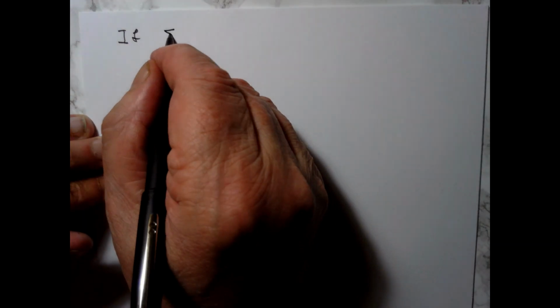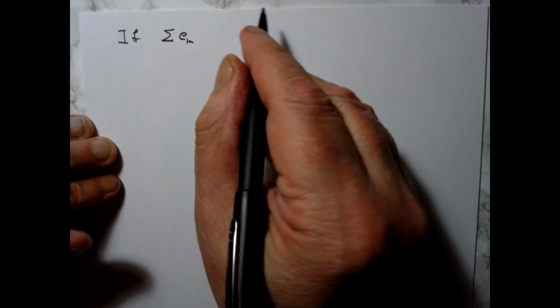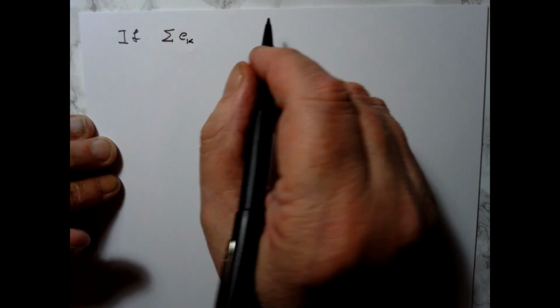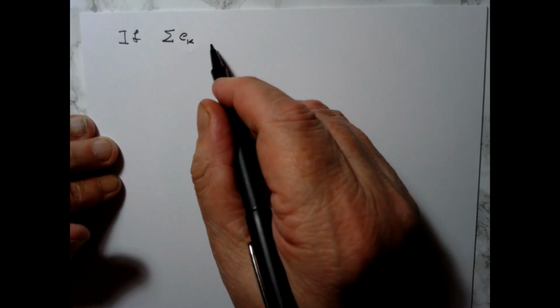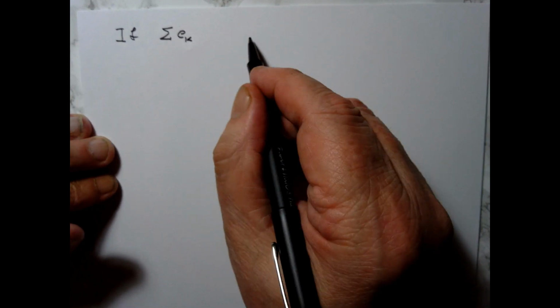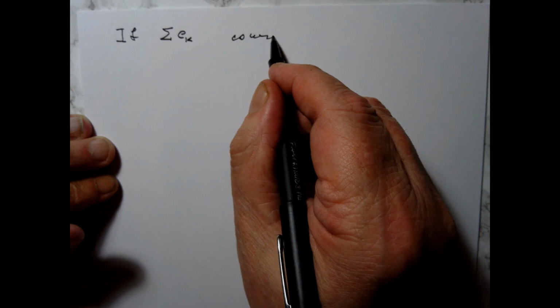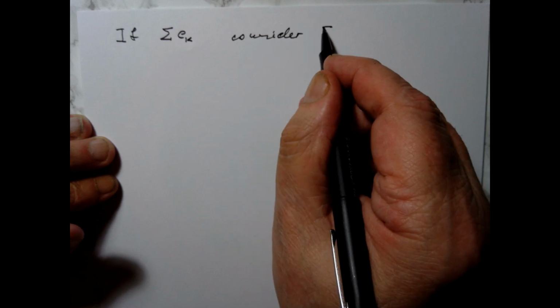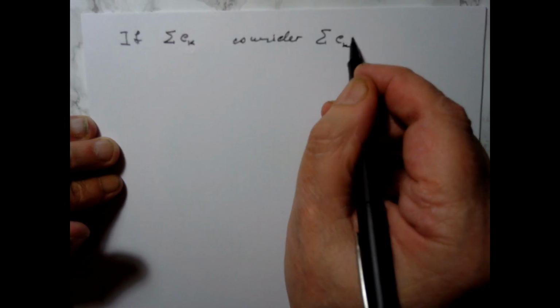If you have the series sum of c_k, you compare it to another series, so consider the series of c_k with absolute value.